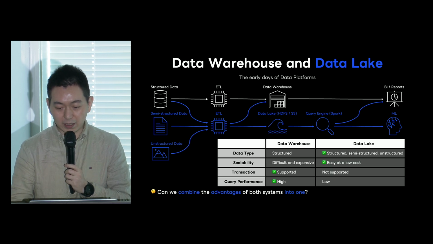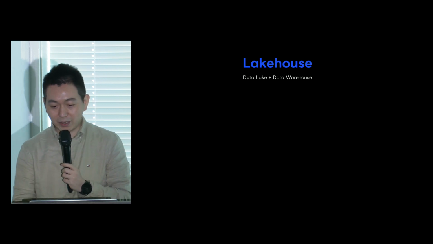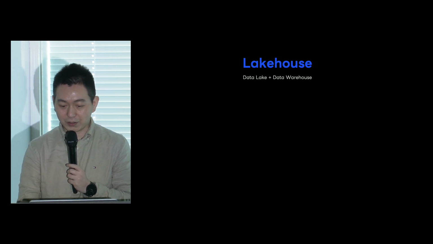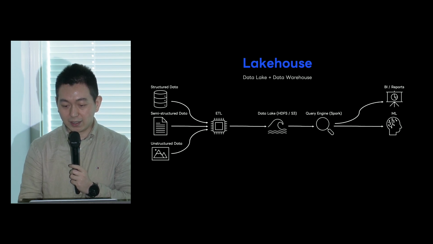So can we combine the advantages of both systems into one? Yes, then we get a Lakehouse. And its name is actually a combination of data lake and a data warehouse. So here is the data lake architecture from previous page. Then how to turn it into Lakehouse?